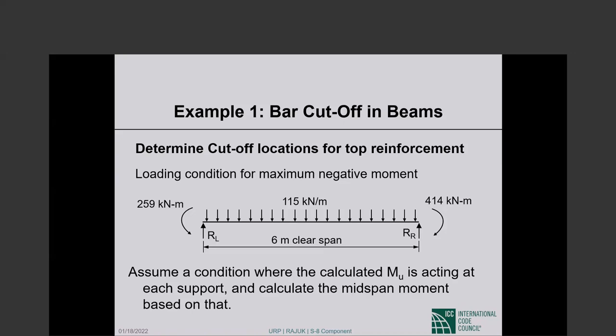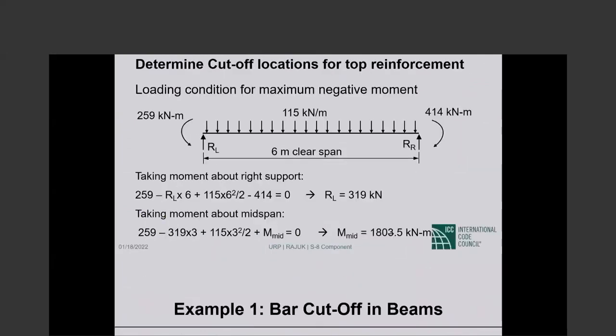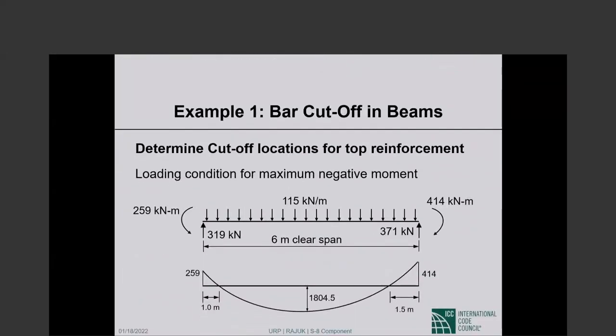115 kilonewton per meter load is sitting on the beam. So taking moment about right support, the reaction comes to so much. So midspan moment, to cut a long story short, comes to 1803.5 kilonewton meters. Determine cutoff location for top reinforcement.